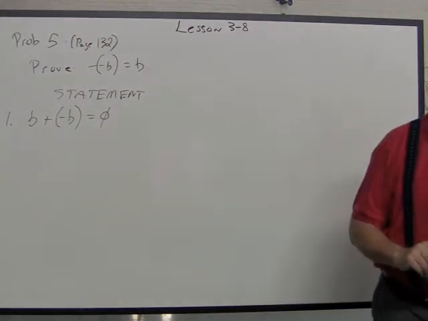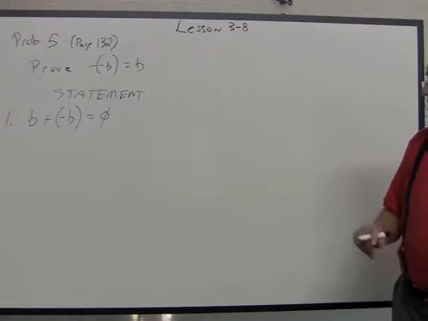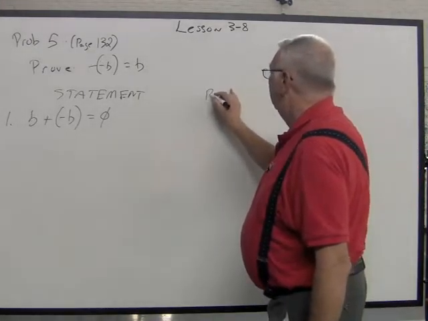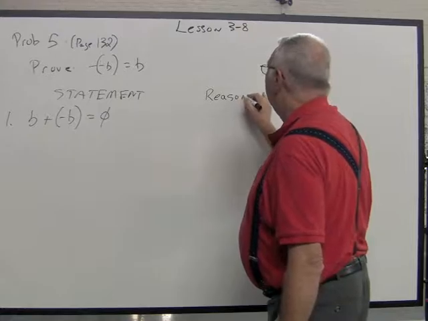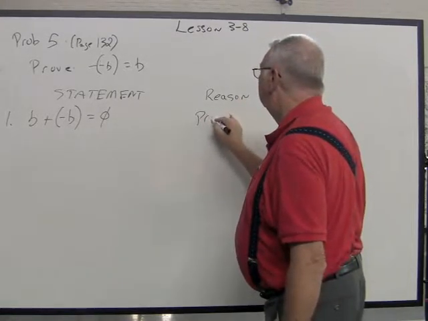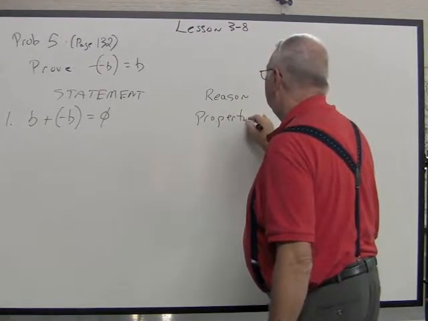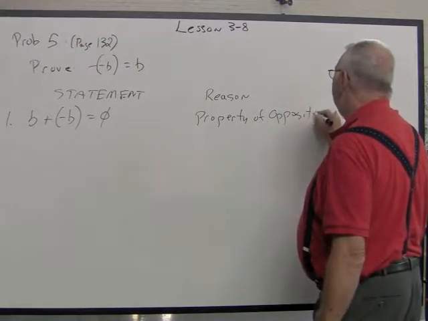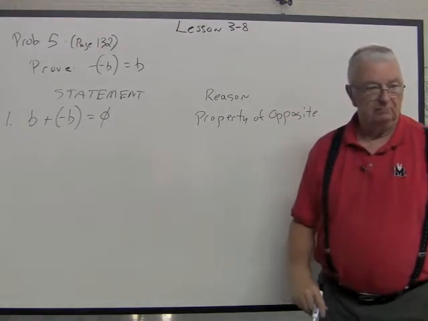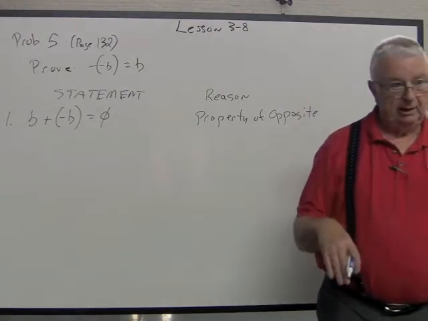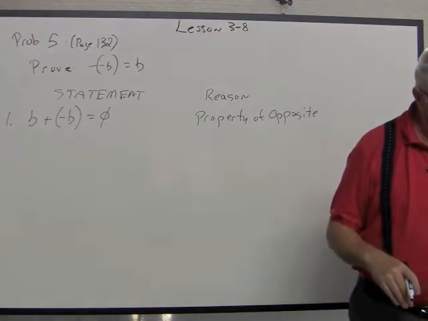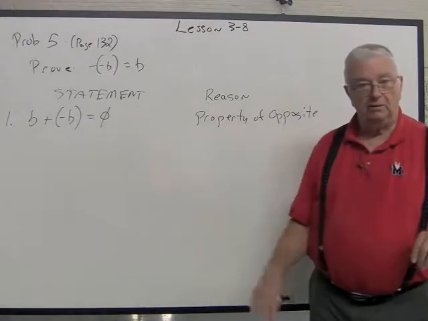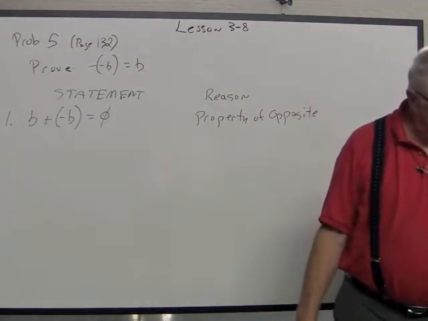We saw this before, and if you remember before, that was what? The property of opposites. So a number added to its opposite is 0. 6 added to a minus 6 would be 0. In general algebraic terms, then b added to a minus b is 0.